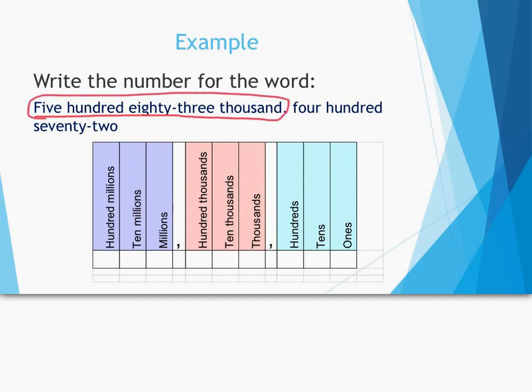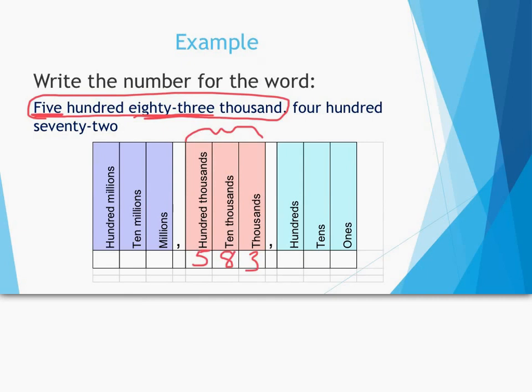So we know that that will go in our thousands area here. It specifically tells me 500. So I can put a 5 in the 100,000s. Then I have 83. So that's going to be 8 10,000s and 3,000s.